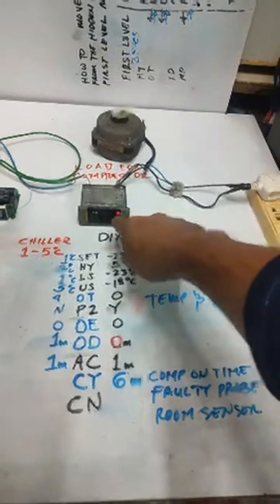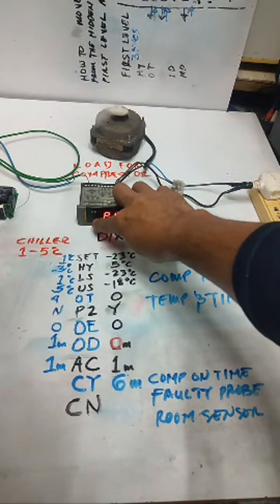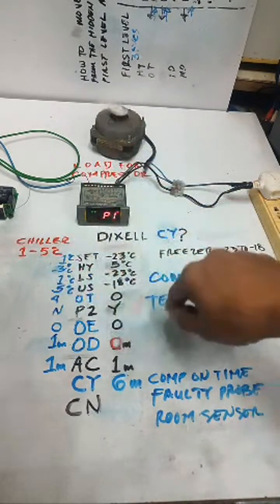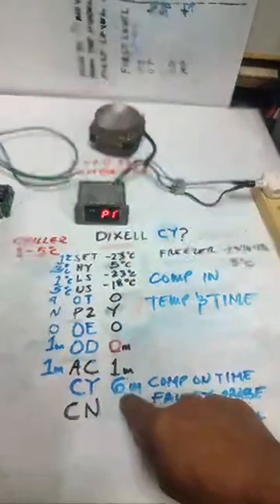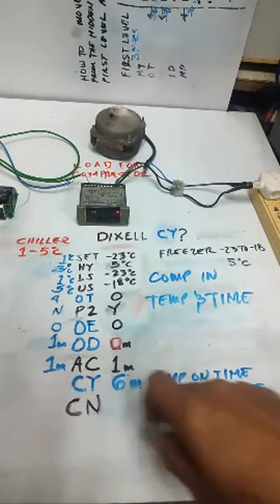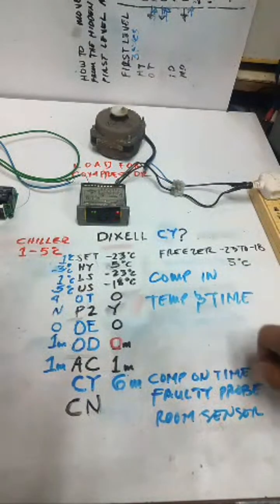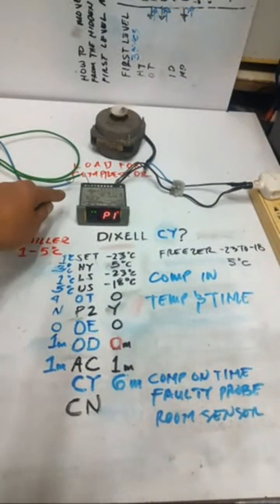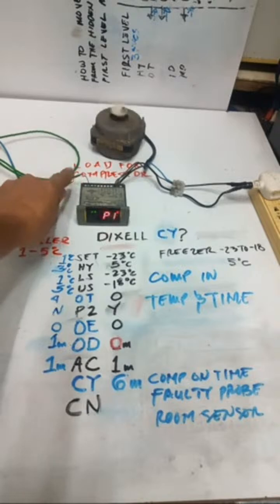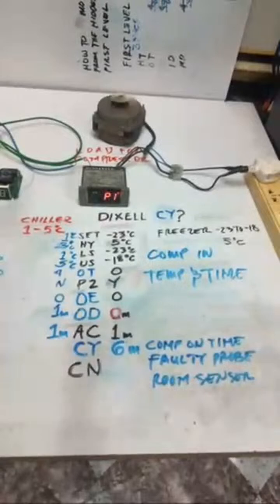So mag-PP1 yan, makikita nyo both yung evaporator fan at compressor is running. Tumatakbo yan sa time na nilagay ko dito sa CY. At ano nga ba itong CY? Ang CY natin, compressor on time at faulty probe. Okay? At anong probe na yan? Yan yung room sensor natin. So, as easy as that.